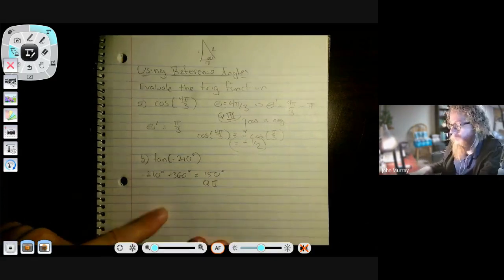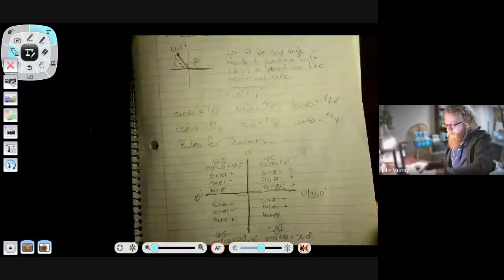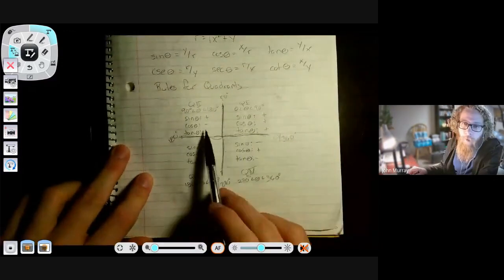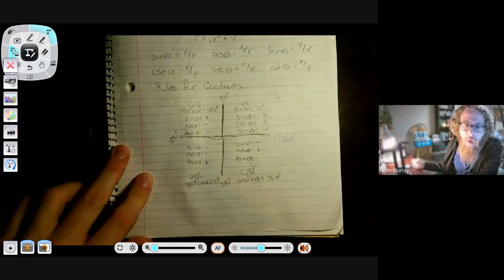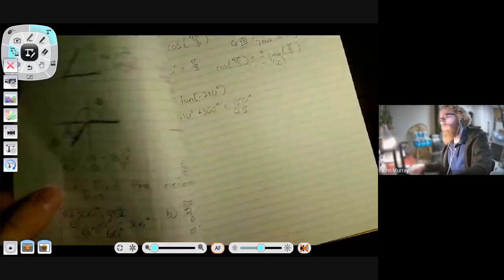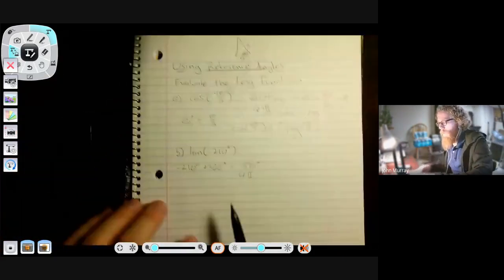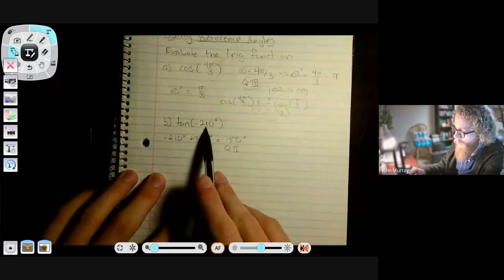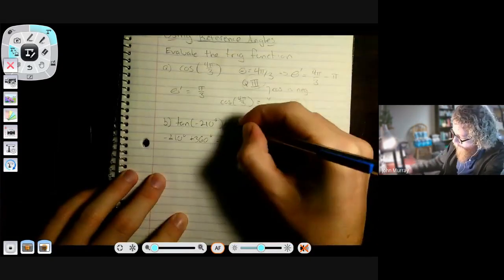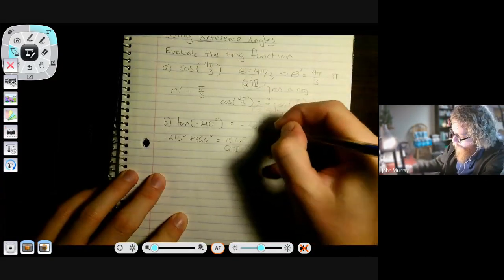That is quadrant 2. So you go back to your chart: in quadrant 2, tangent is negative. So tangent of negative 210 is going to be negative tangent.